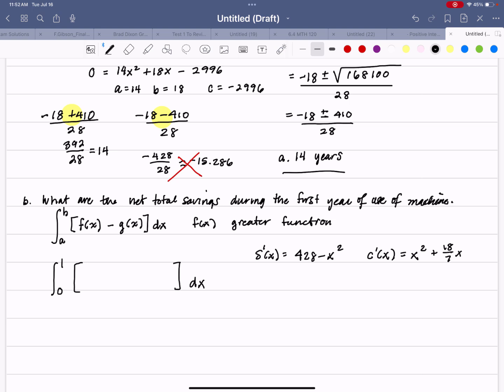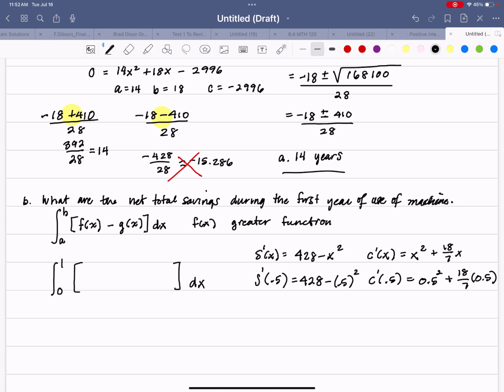So I'm going to pick a number between 0 and 1, like a half, and I'll put the decimal form. It'll be a lot easier. And evaluate each one of these, and whichever one has the bigger result is the one that we put first in our integral. So this is 0.5 squared. And then the cost, the change in the cost at 0.5 is going to be 0.5 squared plus 18 over 7 times 0.5.